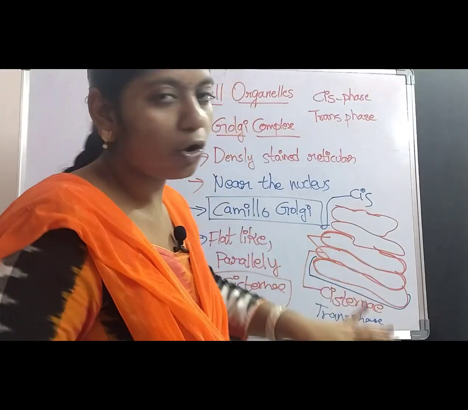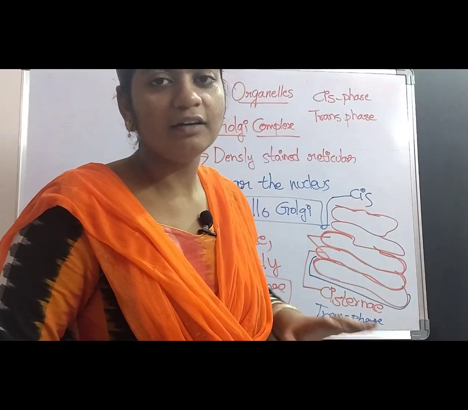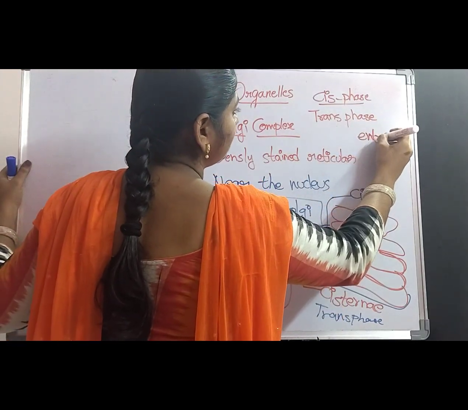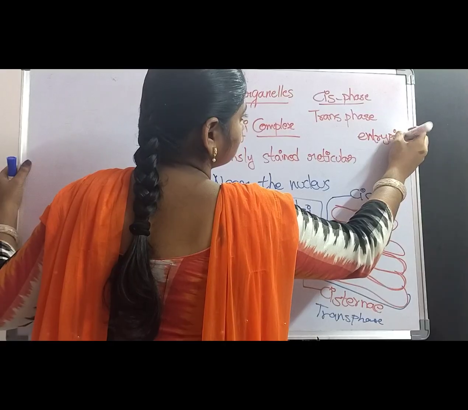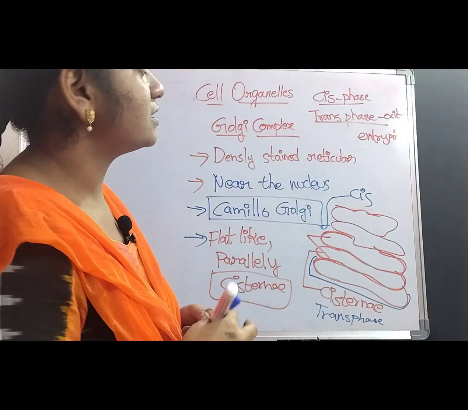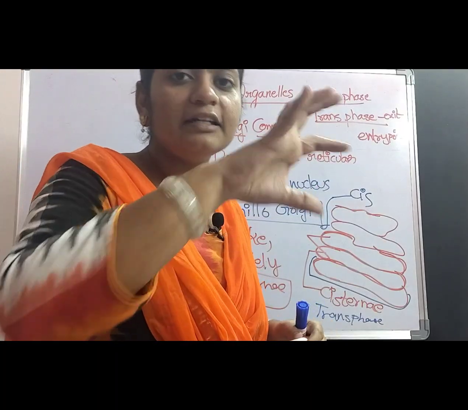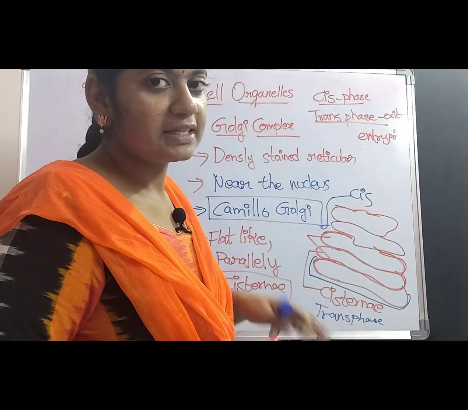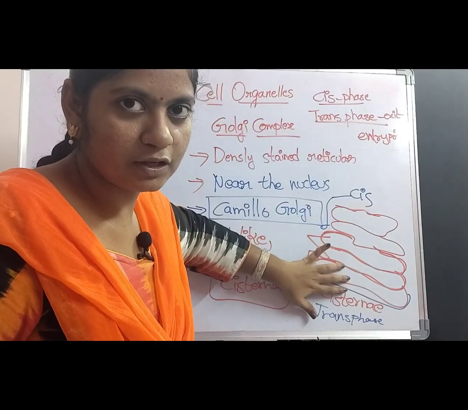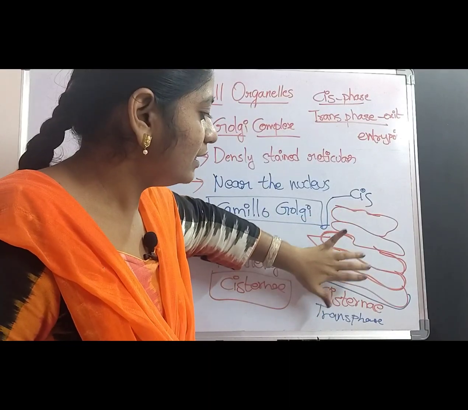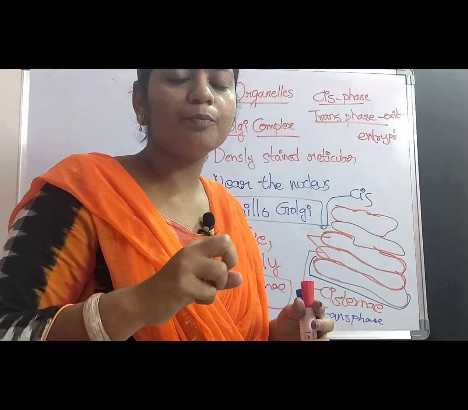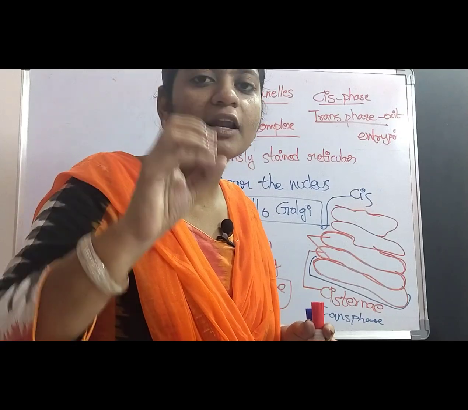Here, the processing of lipids and proteins takes place in the trans phase. So the cis phase is called the entry point, whereas the trans phase is called the exit point. Processed means the lipids and proteins form into vesicle-like structures.